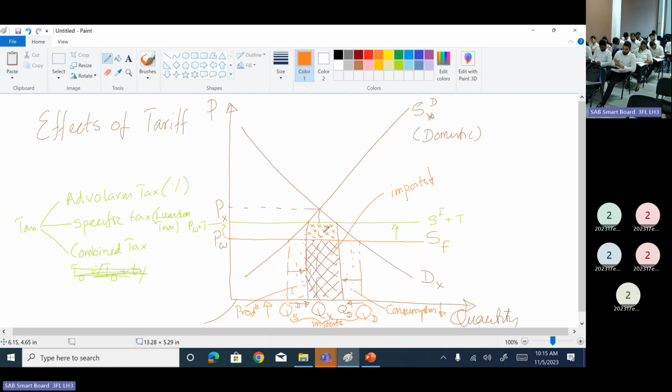What is this? What is that? So that is the price increase. This is the revenue for the government, no? Tax revenue. It's the tax revenue for the government, right?